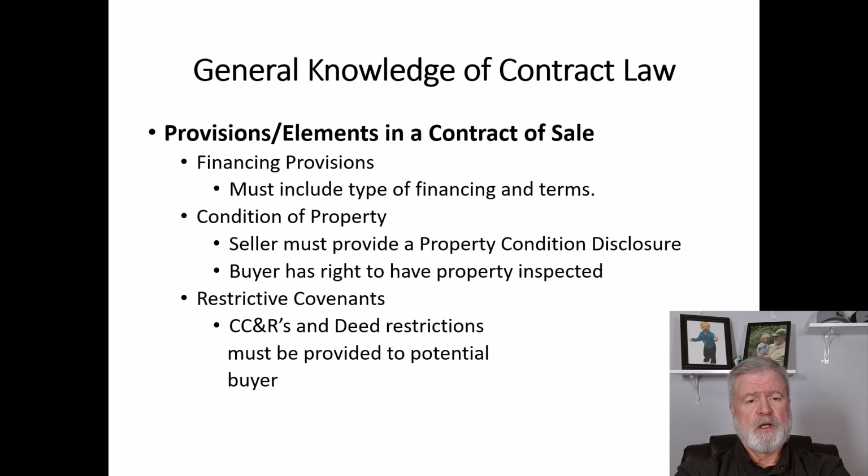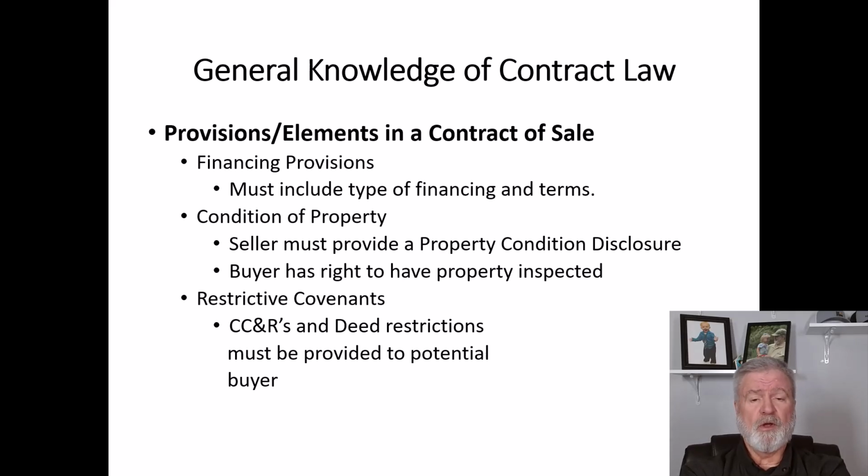Okay. And then there are restrictive covenants. As the agent, you need to get a copy of the deed, especially if you're the buyer's agent. But honestly, seller's agents, listing agents, you need to do this as well. It's all public information. You can get a copy of it and read it. Are there any deed restrictions?